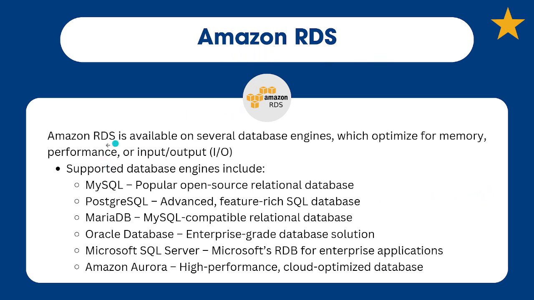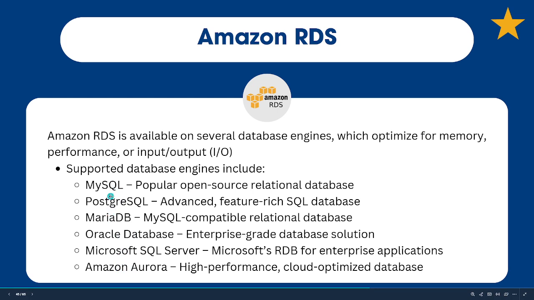So Amazon RDS is available on several database engines. There are many different types of database engines out there. So if you started building your database in MySQL or PostgreSQL or Oracle, Amazon RDS will manage any of those types. Here are some of the ones that they do support: MySQL, Postgres, MariaDB, Oracle, Microsoft SQL Server, Amazon Aurora.